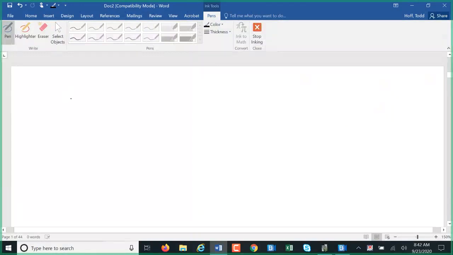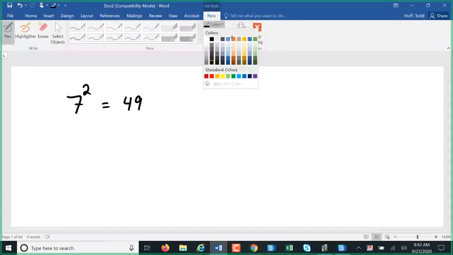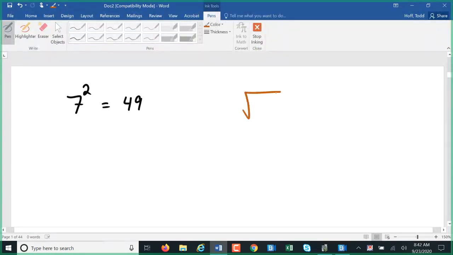So if we have something like 7 squared, that of course means 7 times 7, which is how much? 49, yep. So 7 times 7 is 49. If I want to reverse that, what we use is a root, a square root.